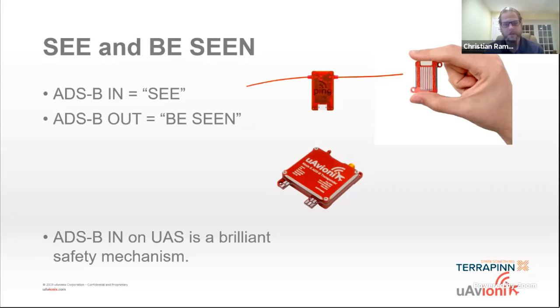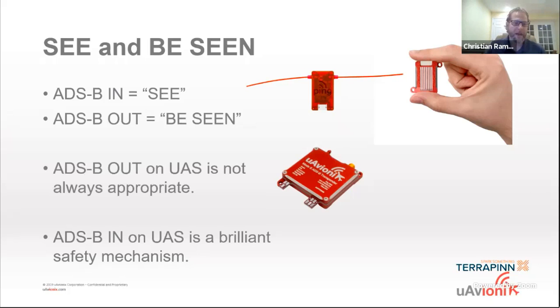The product here is our Ping 200X Mode S transponder. This is an ADS-B out system. ADS-B out systems are not always appropriate for drones. They're typically only appropriate for large drones operating in controlled airspace, high altitudes, mixed use airspace, and not always for small visual line of sight, low altitude aircraft.